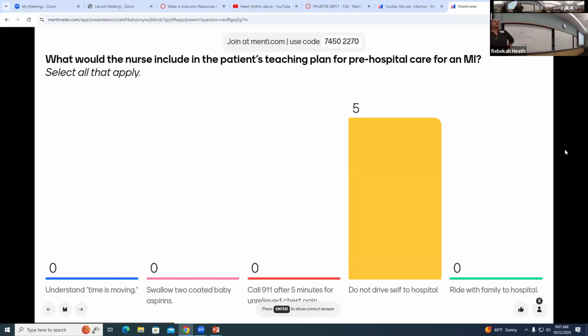So, what is this question asking us? Because there's a lot of words in here. Is there a way to sum it up? That's perfect. Let's say it a little bit louder so people can hear. Yeah, what should the patient do before they come in? So, I guess I should give you guys a chance to answer. Now looking through, what do we think they should do?